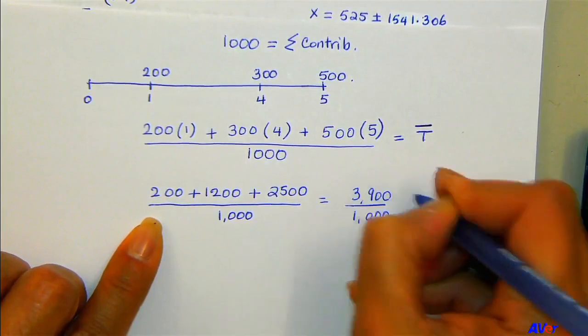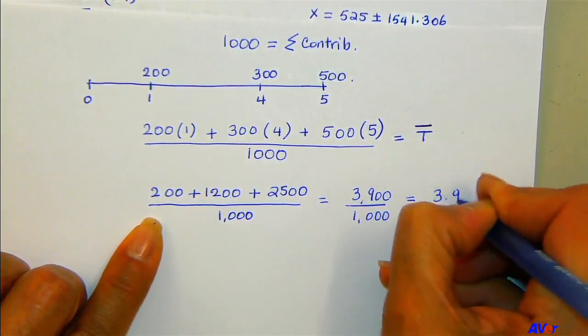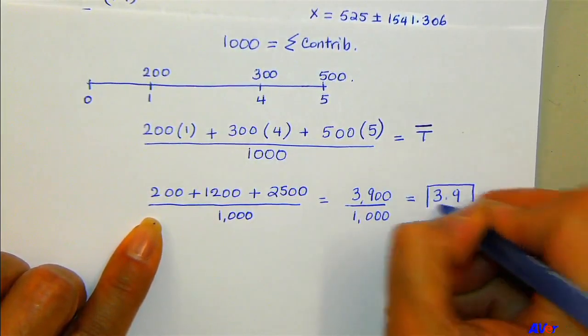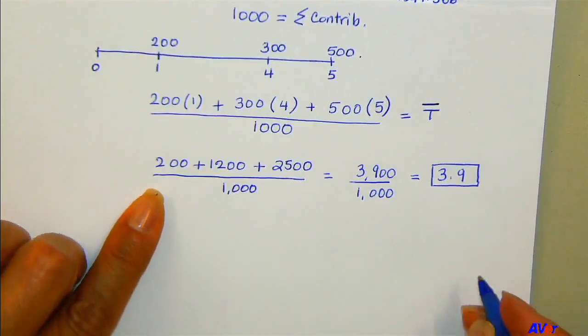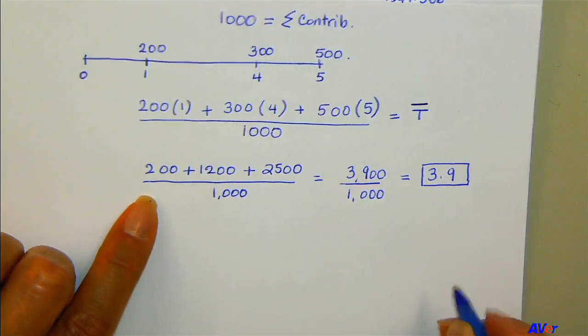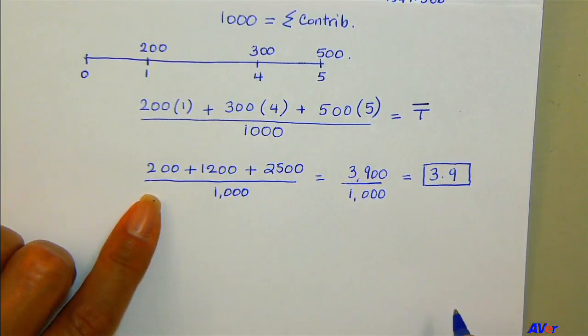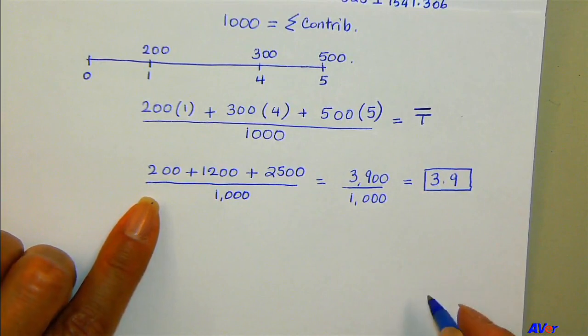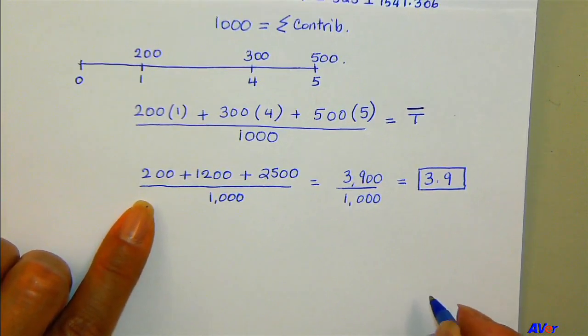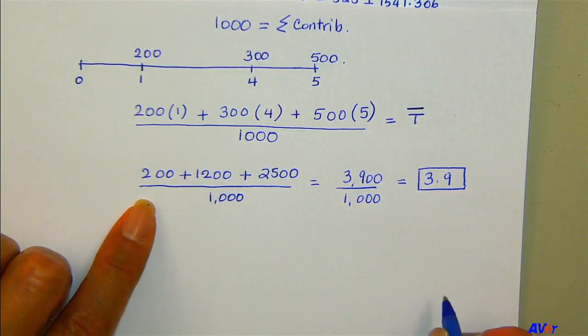Catch my mistakes if there are any. That equals 3.9. So I claim that 1,000 at time 3.9, roughly speaking, this is an approximation, is equivalent to all these different contributions at all the different times. Are you following me? That's where I'm headed, okay? I have to prove it to you, but that's where I'm headed.